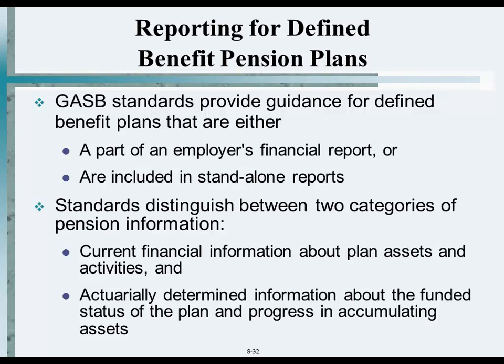Now the state of New Jersey in lump sum is required to put in several $100 million as a match. What if the state doesn't put in the money? What's happening? Now in the future, the state will have to make that payment on something called pay-as-you-go.